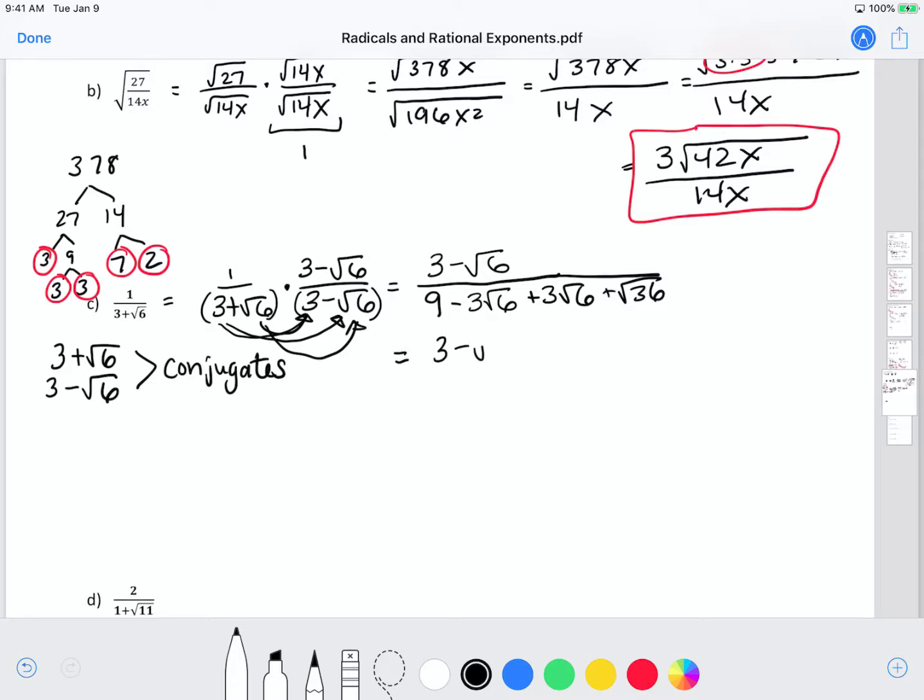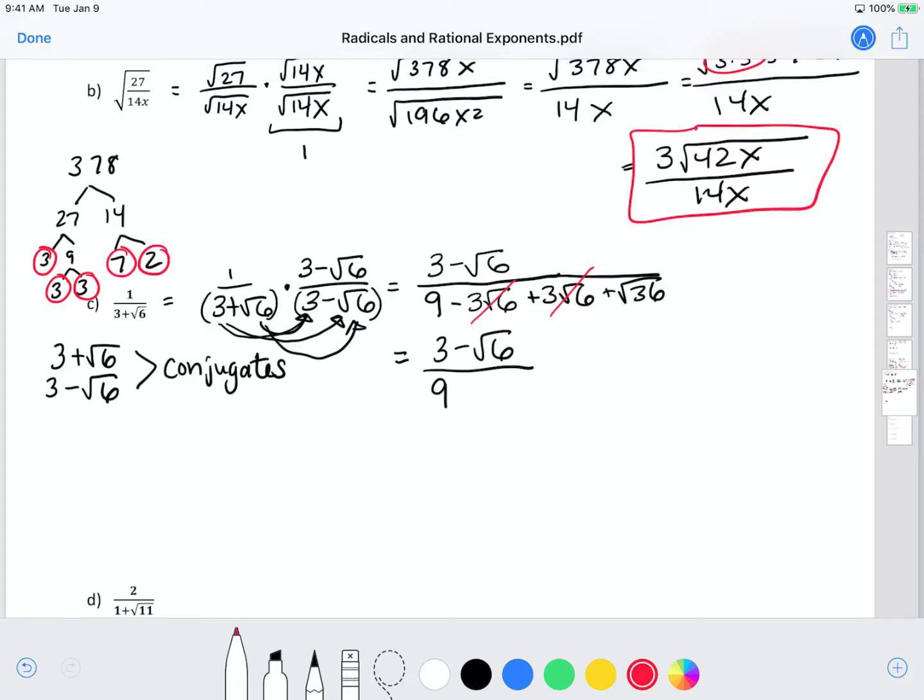Now, when I clean this up, I get 9, and then minus 3 square roots of 6 and positive 3 square roots of 6 add to 0, because one's plus and one's minus, which is the whole point of why we switch the sign in the middle. That's how we get rid of the square root.